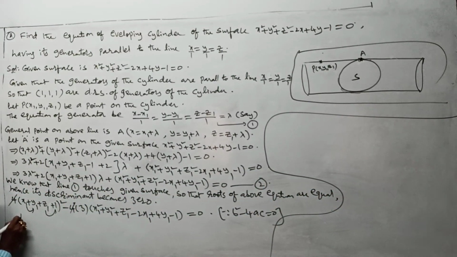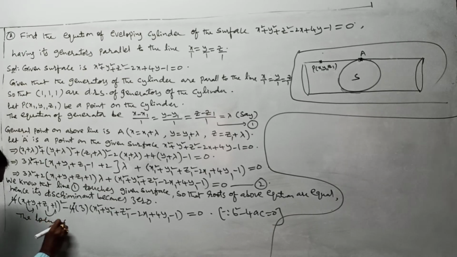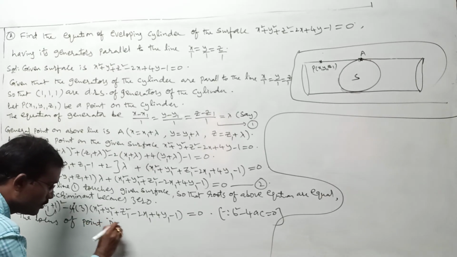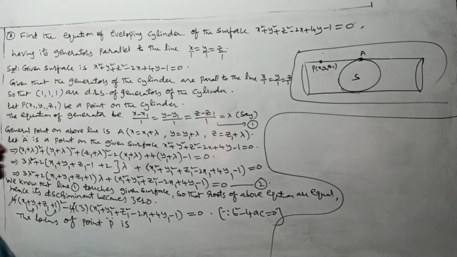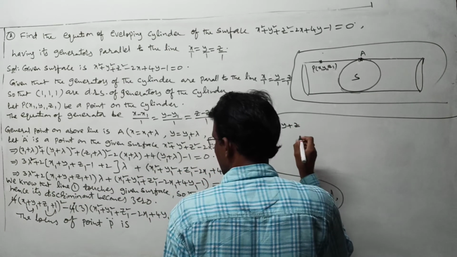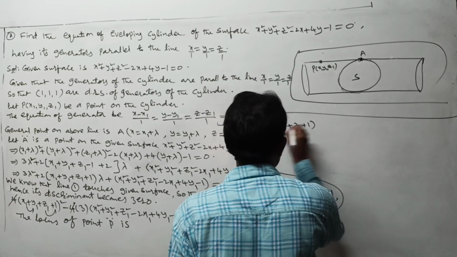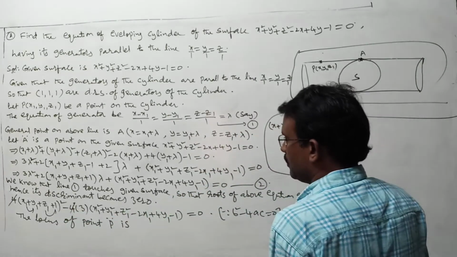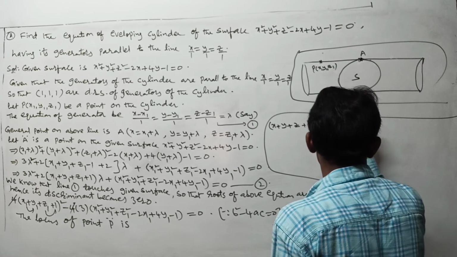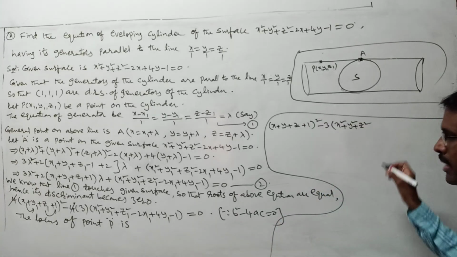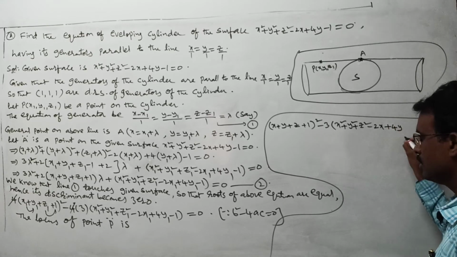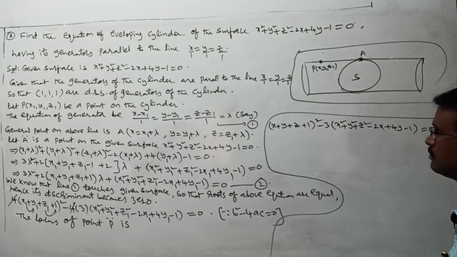The locus of point P is, yes, here I am writing, x plus y plus z plus 1 whole square minus 3 into x square plus y square plus z square minus 2x plus 4y minus 1 is equal to 0.